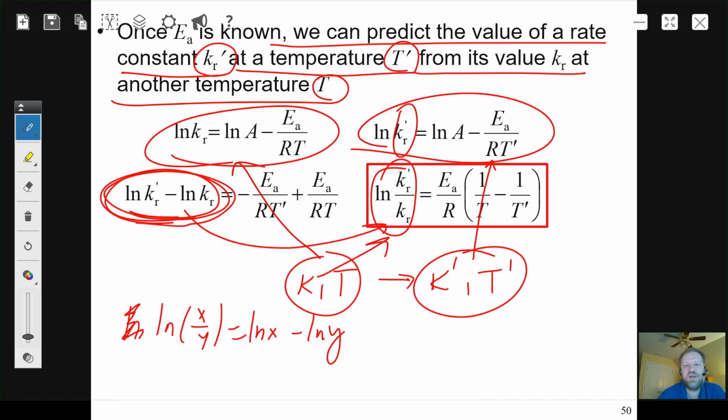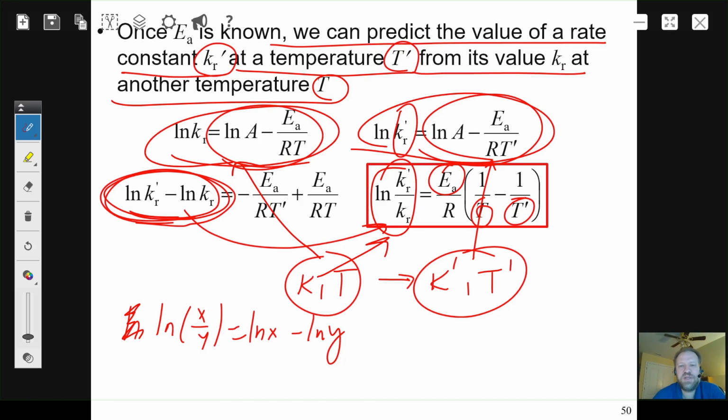And on the right-hand side, we have the difference between the activation energy and pre-exponential terms. Assuming that the pre-exponential factor does not change with temperature, the right-hand side of this equation is going to only depend on the two temperatures, T and T prime, and the activation energy, EA.